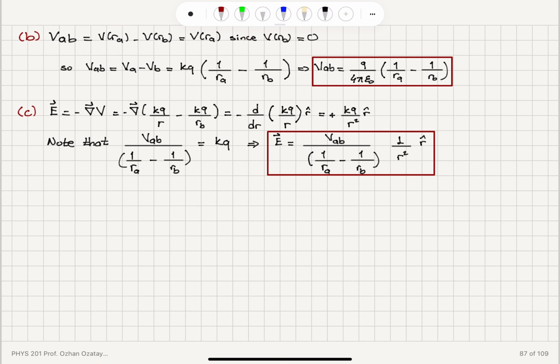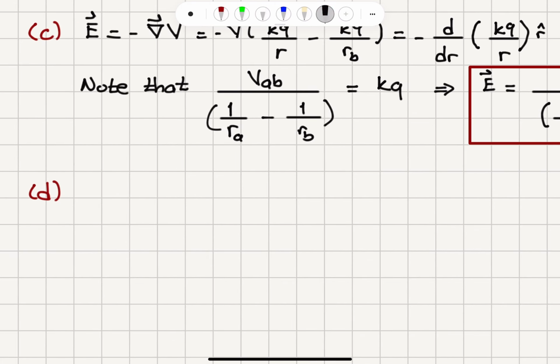Okay, so now I'm going to move on to part D. In part D, we're looking at the electric field outside both of the spheres. So the electric field is once again minus the gradient of the potential, and the potential for R greater than R sub B is a constant.